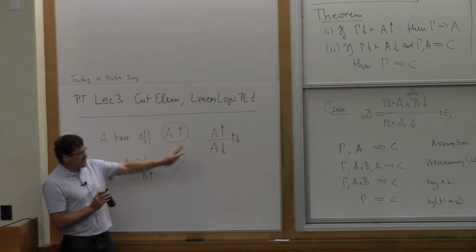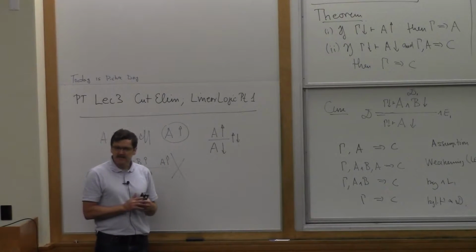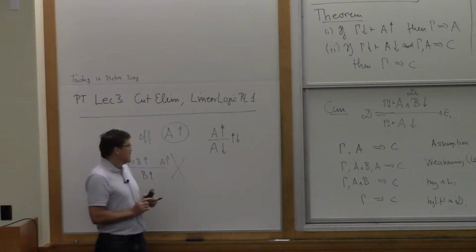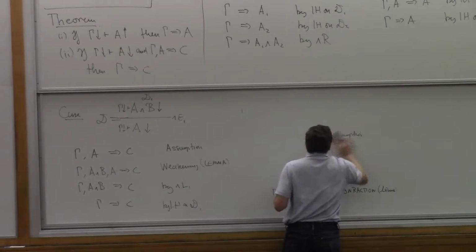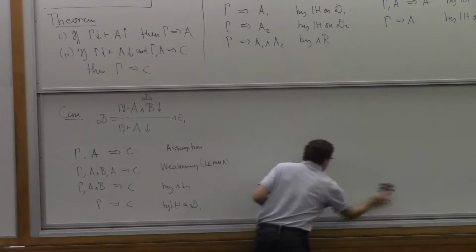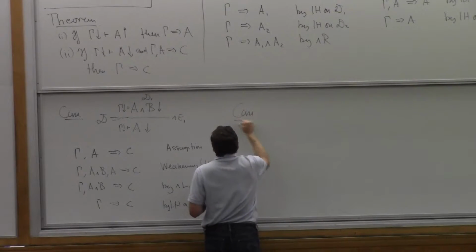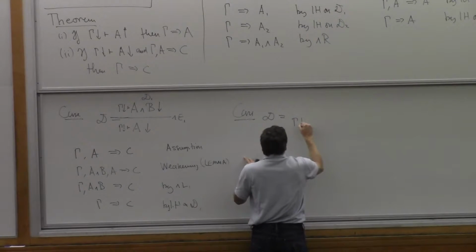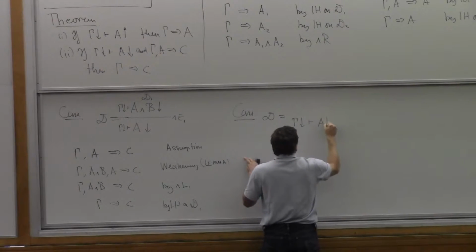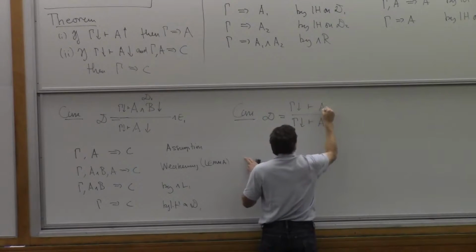Now let's look at what happened to this rule in our proof. What would correspond to this in the sequent calculus? So let's do that here. Case D is: gamma down proves A can be used if gamma down proves A up.